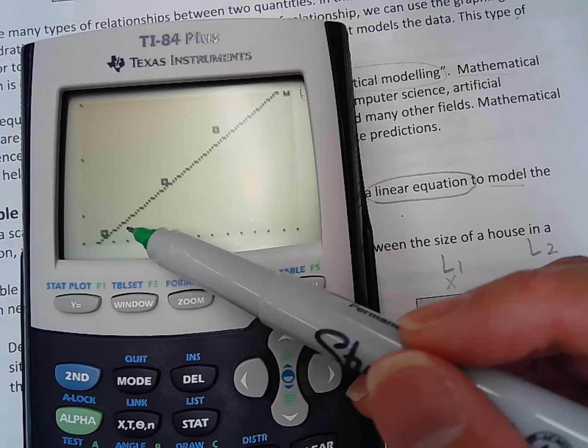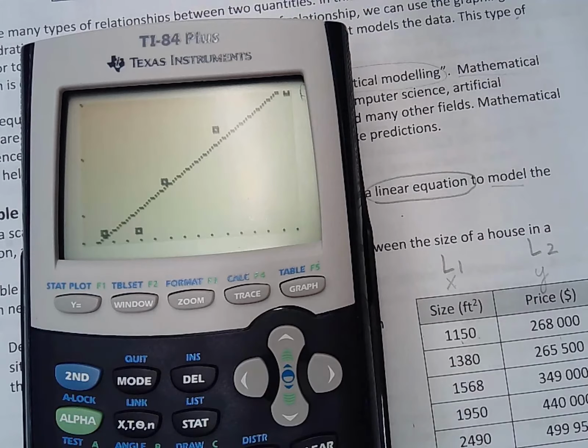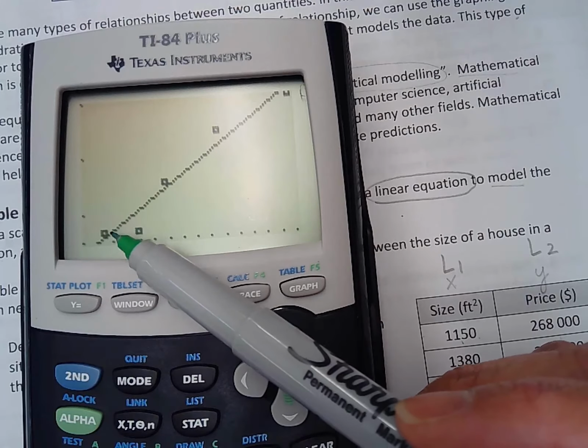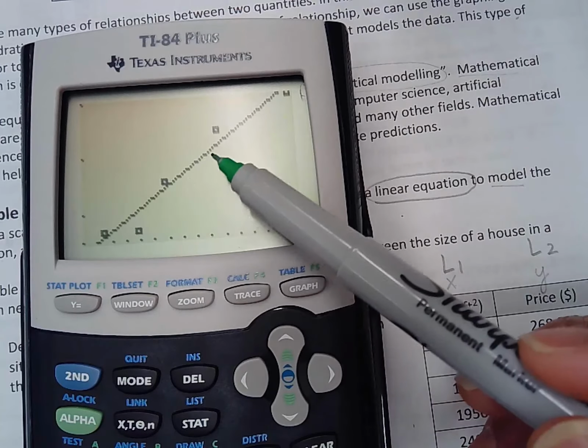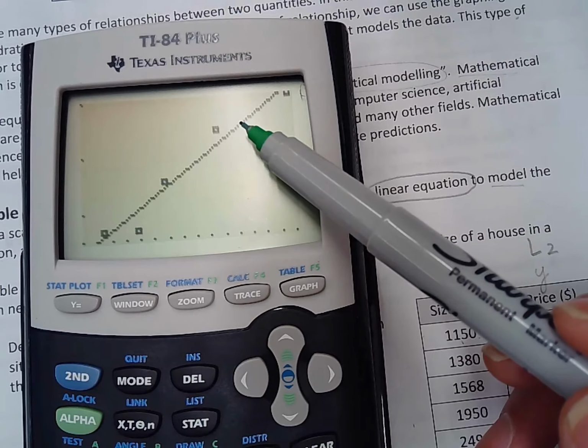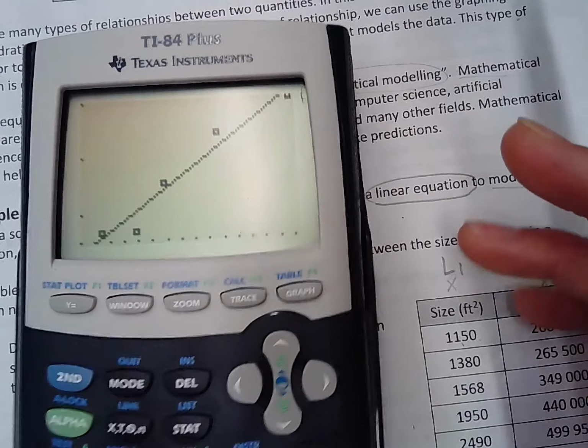So this line here is a relationship between the size of the house and the price of the house, right? What's happening here is that as the size increases, what happens to the price? It also increases.